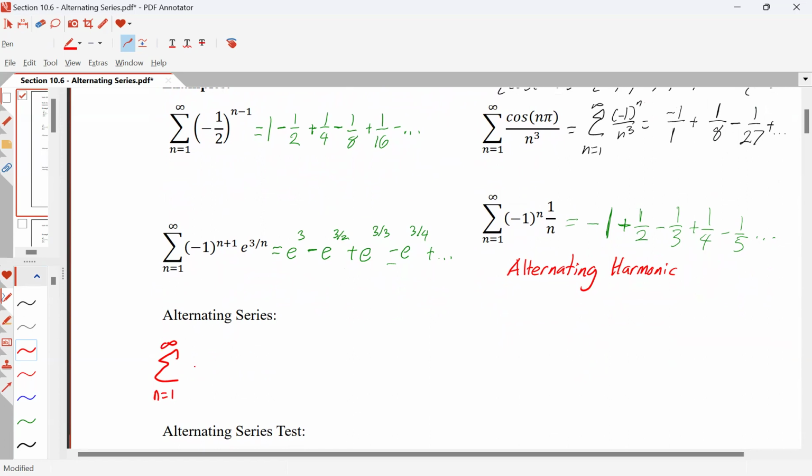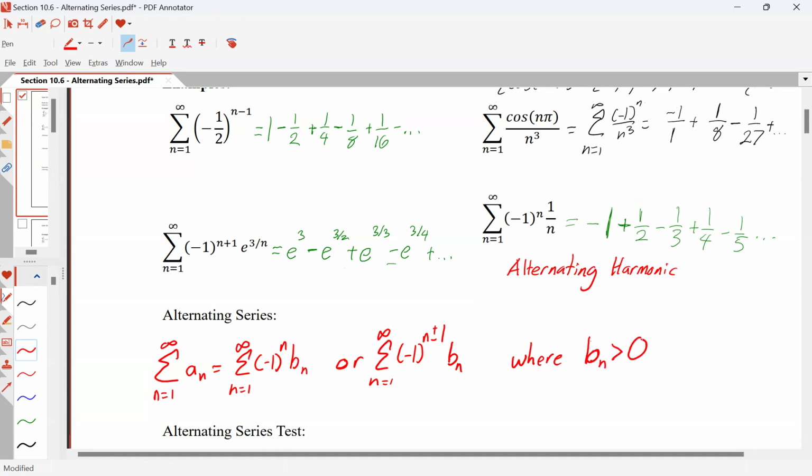The lower bound could be anything, but it is the series from n equals 1 of some sequence, which can also be rewritten as (-1)^n times a completely positive sequence, or the series n equals 1 to infinity of (-1)^(n±1), again changing whether we start with a positive number or a negative number, times that sequence b sub n, where I said b sub n is a positive sequence.